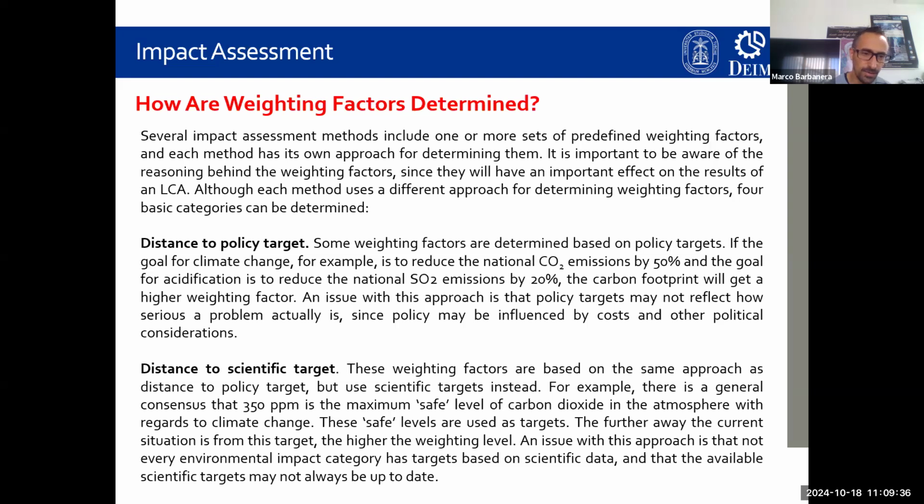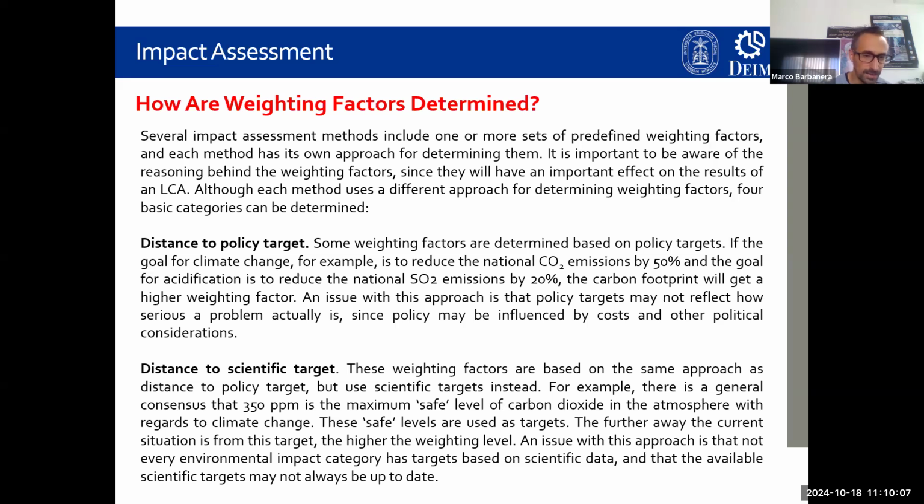So, for example, if the goal for climate change is to reduce the national carbon dioxide emissions by 15%, and the goal for acidification is to reduce the national sulfur oxides emissions by 20%, the carbon footprint, so the climate change impact category, will get a higher weighting factor.